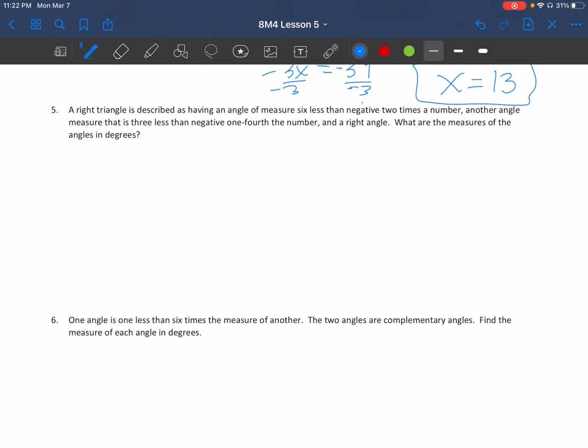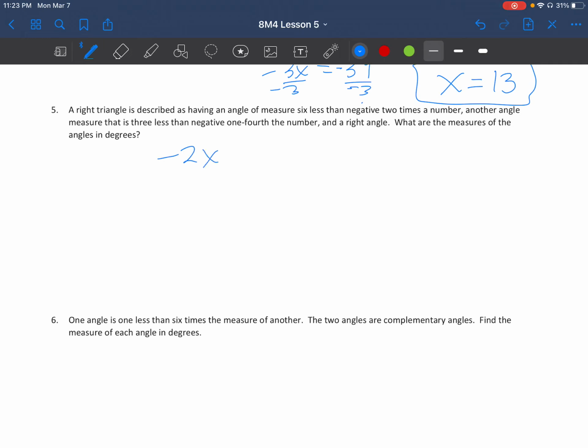There it is. Number 5. All right, so we've got a right triangle described as having an angle of measure 6 less than negative 2 times a number, and another angle measure that is 3 less than negative 1/4 the number, and a right angle.